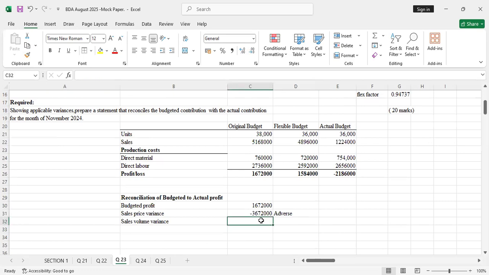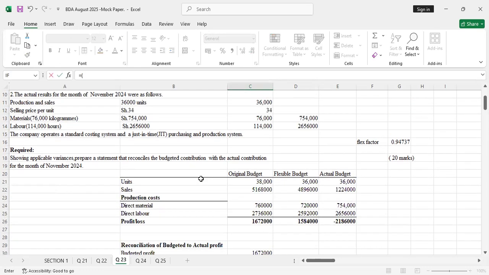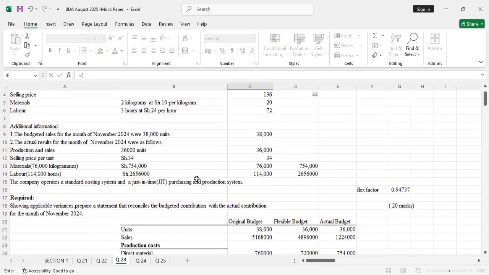Therefore we'll go to the formula for sales volume variance. It is budgeted quantity minus actual quantity. What was the budgeted quantity? What was budgeted for quantity was 38,000. Those are the volumes that they wanted to do.